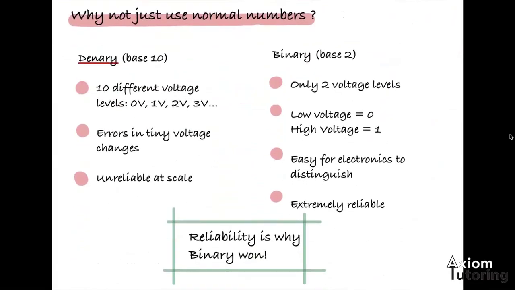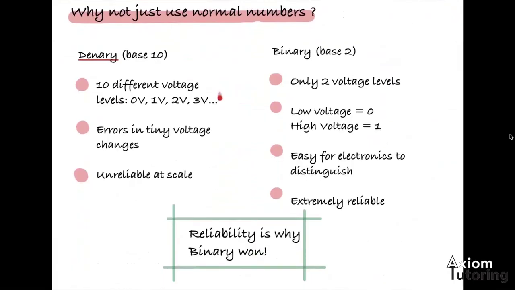Well, the problem is voltage. To store a denary digit, the hardware would have to distinguish between 10 different voltage levels, that's one for each digit from 0 to 9. Even tiny fluctuations in voltage from heat, from interference, from manufacturing variation would cause the wrong digit to be read.